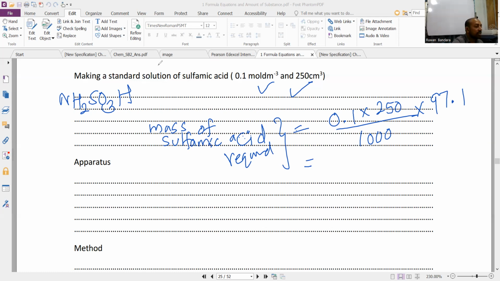So give 2.43. Ah, 2 point 4275. Yes, the answer is 2.4275.